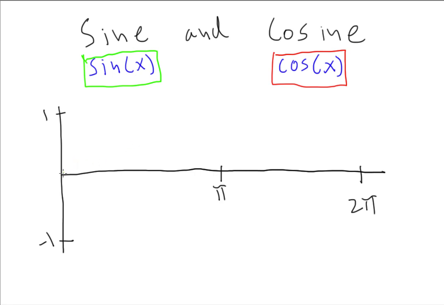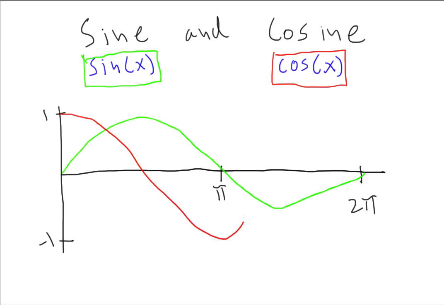What does sine of x look like? Well, this starts at 0, goes to 0 again, then goes back to 0 at the end, and cosine of x starts at 1, goes to -1, goes back up to 1.